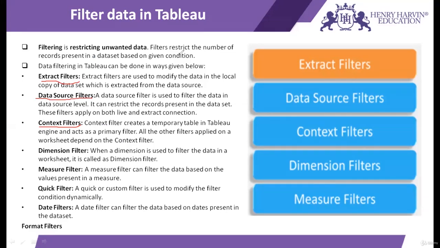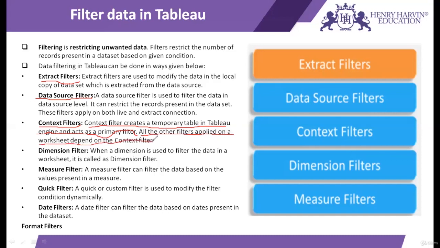So this context filter creates a temporary table in the Tableau engine. Using some filters, you'll say that I would like to use only those records which have these categories of records, and based on that, a temporary table will be created in Tableau's engine for you.